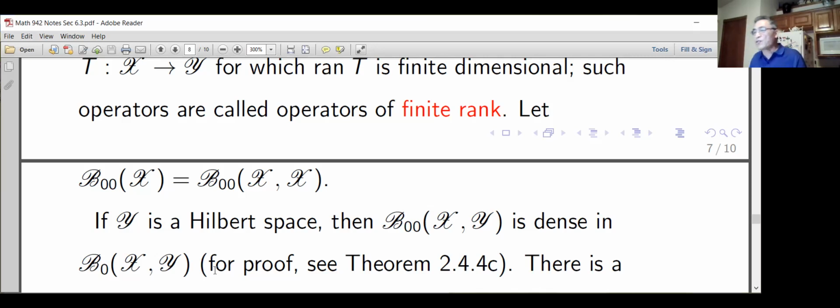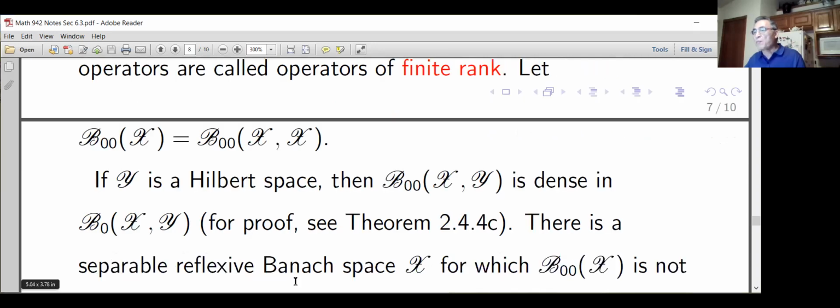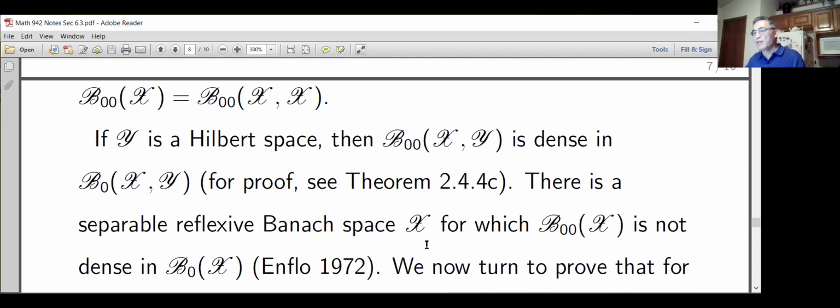So the proof does not work for Banach spaces. There is a separable reflexive Banach space X for which B00(X) is not dense in B0(X). Before this was discovered, people spent a lot of time trying to find out whether for every Banach space, B00(X) is dense in B0(X).